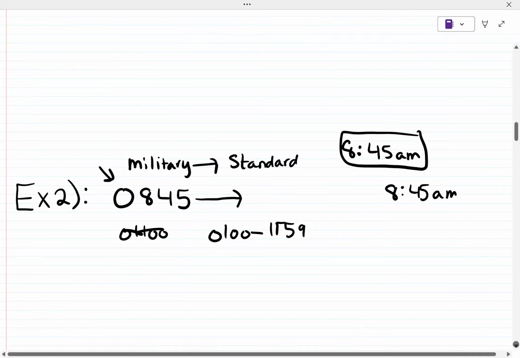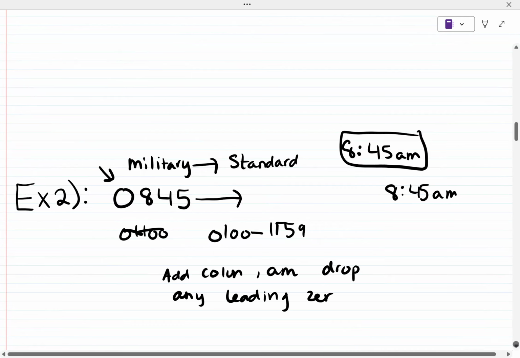So according to the rule, you have to add a colon, an AM, and drop any leading zero. Okay, so yeah, that's how I got it.